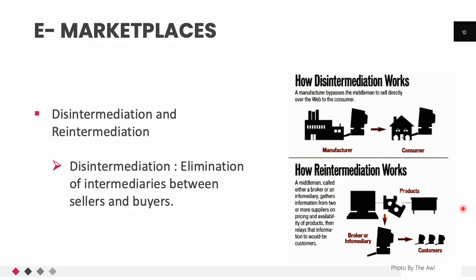We introduce a different type of intermediary to improve the buying process. It's like Uber, which connects riders and drivers, and also Airbnb, which connects hosts and travelers.